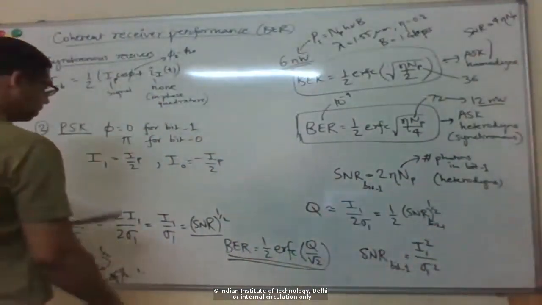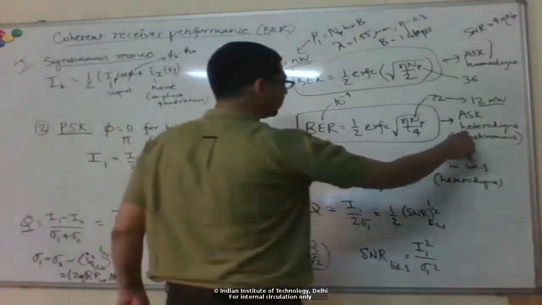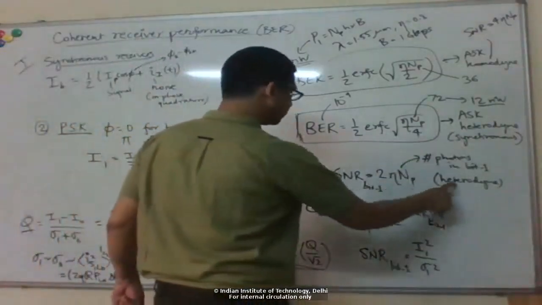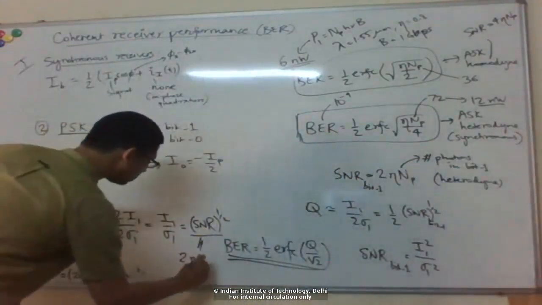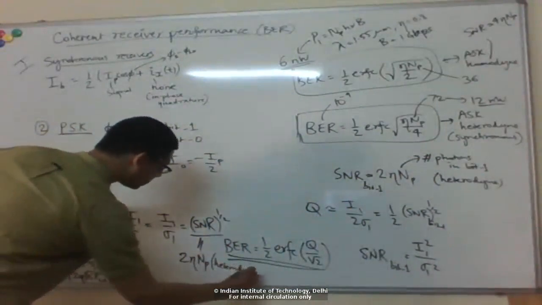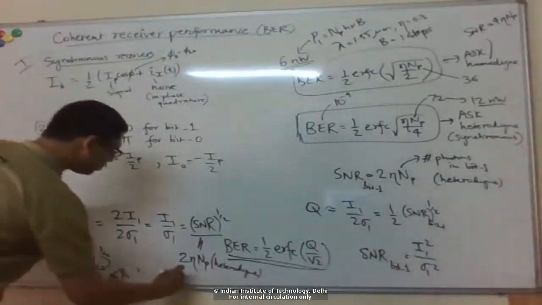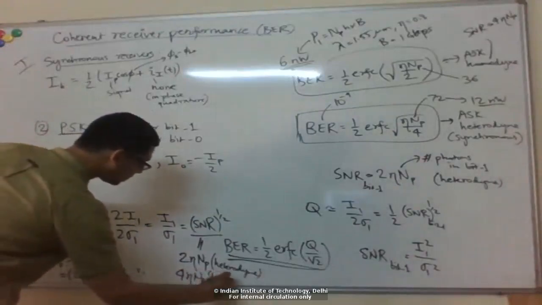And again, this SNR, if I have heterodyne detection, is 2 times the photon number for heterodyne detection, and 4 times the photon number for homodyne.